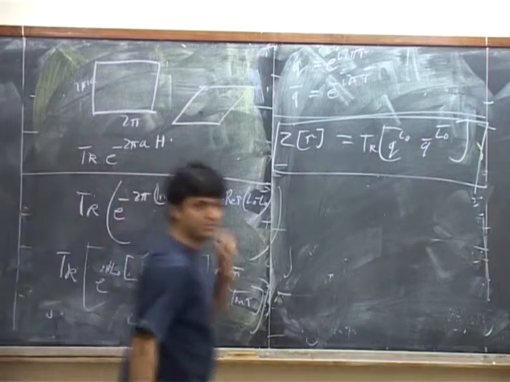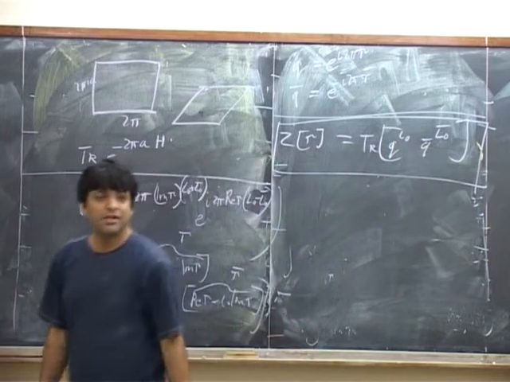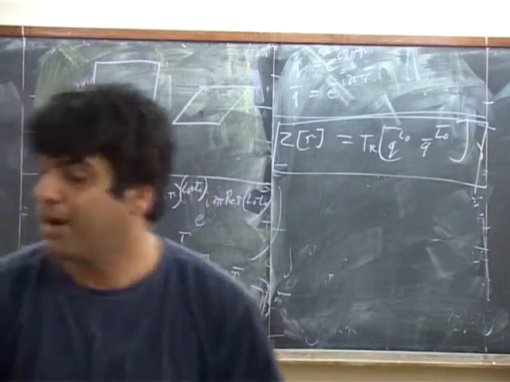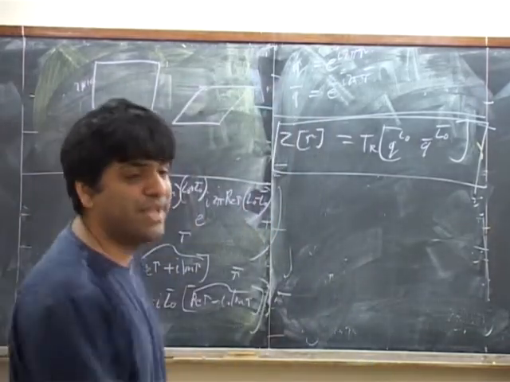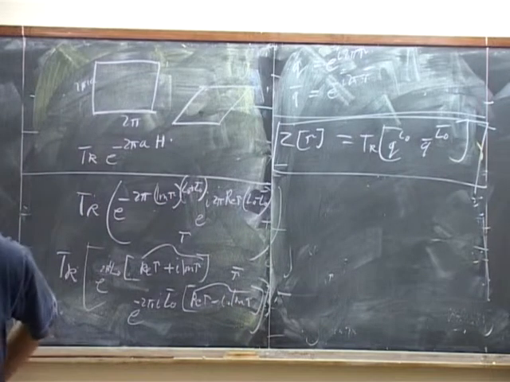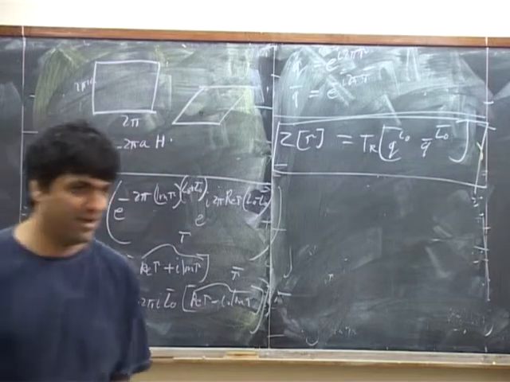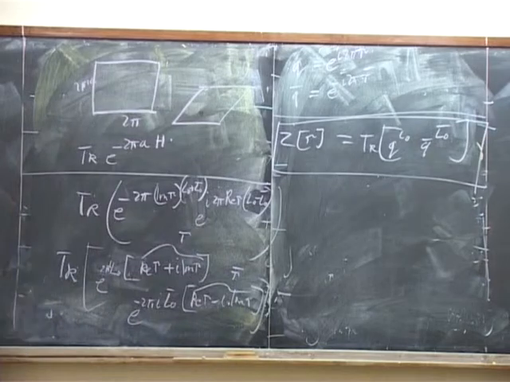Let's quickly work out, okay, so now what we want to do for a single free boson is to work out this trace. This is a very easy job because we know the Hilbert space of the free boson perfectly. So what's the Hilbert space of a single free boson? Well, it consists of harmonic oscillators of energies 1, 2, 3, 4, and then the zero point. Let's first work out what we get from the harmonic oscillators.